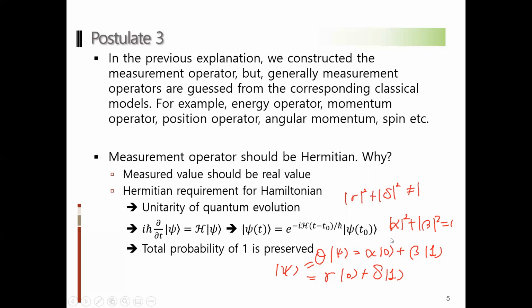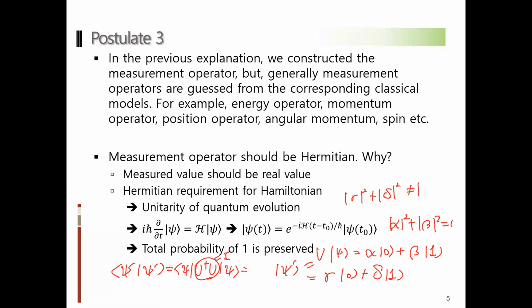So to avoid such a problem, the only option we have is, instead of having just an arbitrary operator, we need a unitary operator. Because the unitary operator preserves the length of the vector because of this relation, and this is just the identity operator.